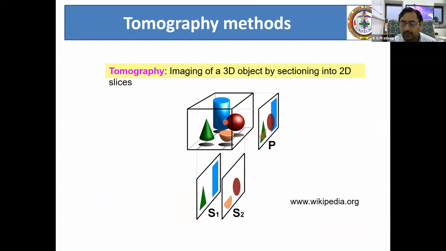Depending on what kind of microscopy you do, typically with electron-based microscopy, electrons start from one side and go through this cube, maybe from top to bottom or left to right. But at the end of the day, you get a projection image, which is this P that you see. All of these structures are projected in the form of a rectangle, a circle, or a triangle. So we really will not have an idea whether this was cylindrical or rectangular earlier, or whether it was spherical. This is a projected view that you get.